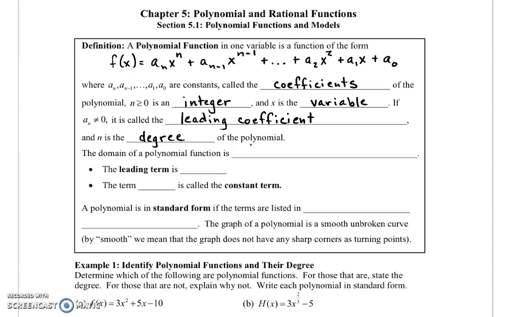So the domain of any polynomial function is all real numbers, or negative infinity to infinity in interval notation. The leading term is the leading coefficient with its variable, and the term at the end, the a sub 0 that has no x, that is our constant term.